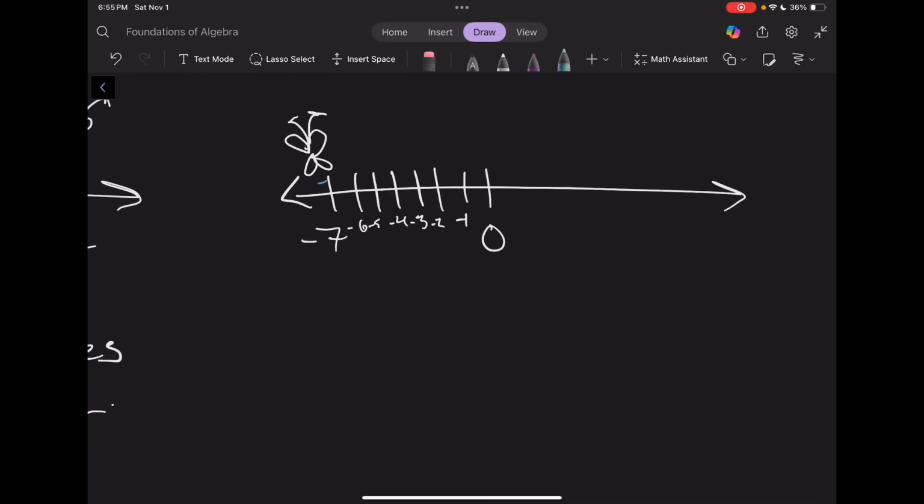Now, I'm this butterfly, and I'm in this direction. How many spaces am I away from 0? 1, 2, 3, 4, 5, 6, 7. I'm 7 spaces away.